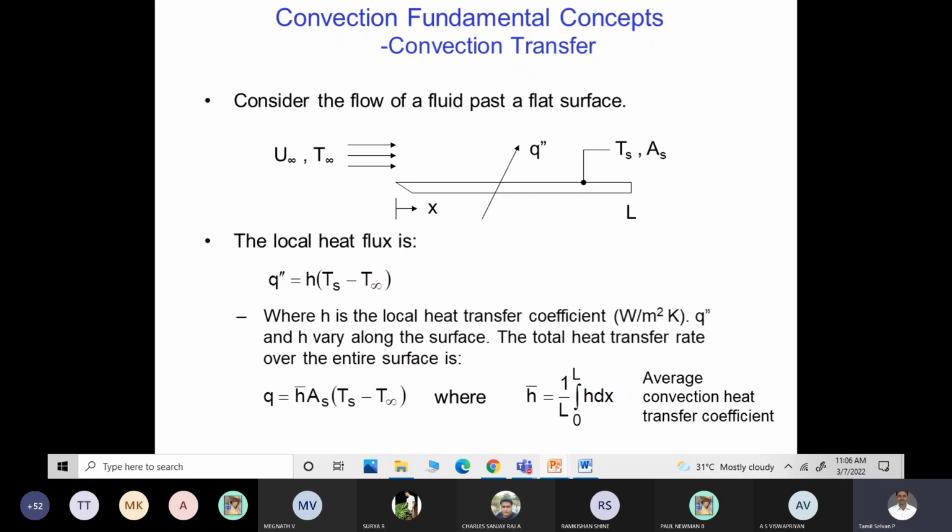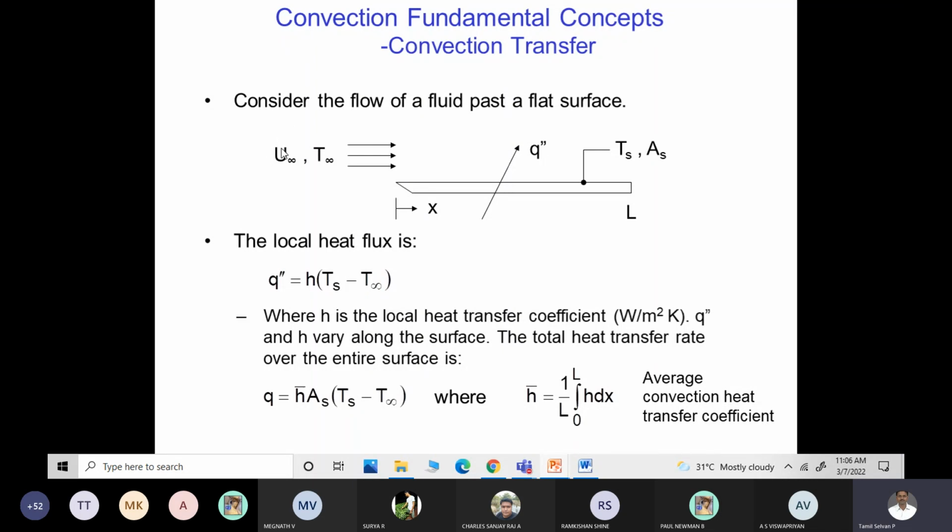What are all the assumptions which we consider? The boundary layer thickness increases with distance from the leading edge to the trailing edge. The boundary layer thickness decreases when U infinity increases.